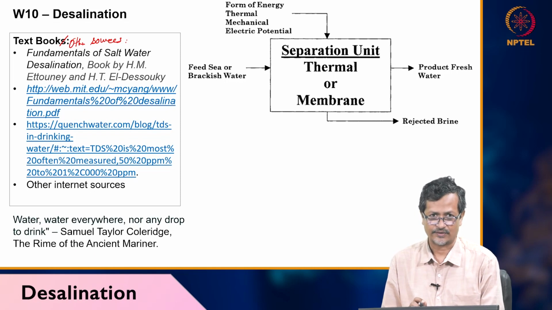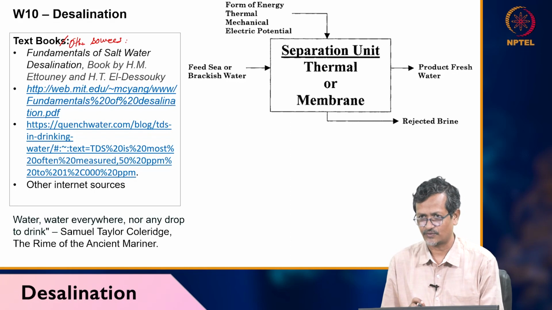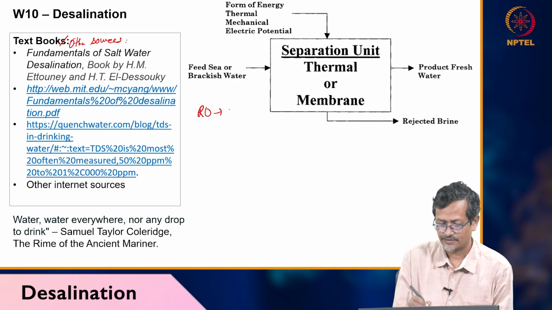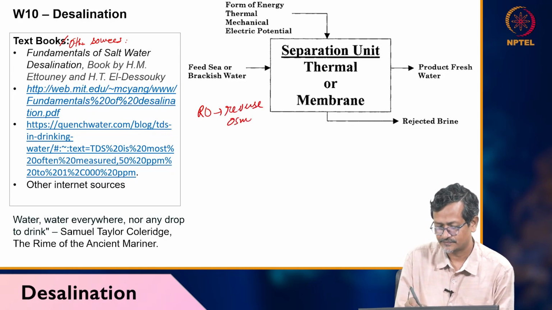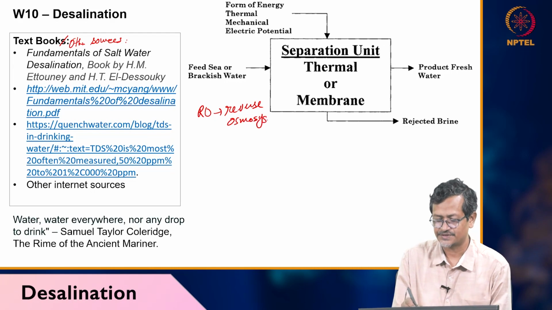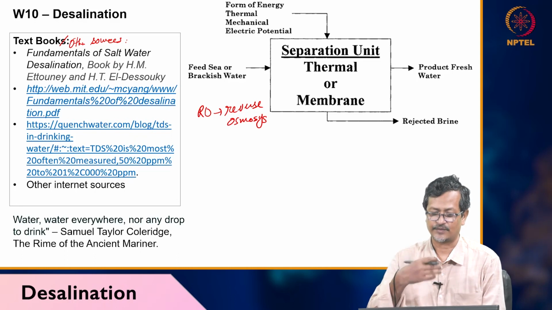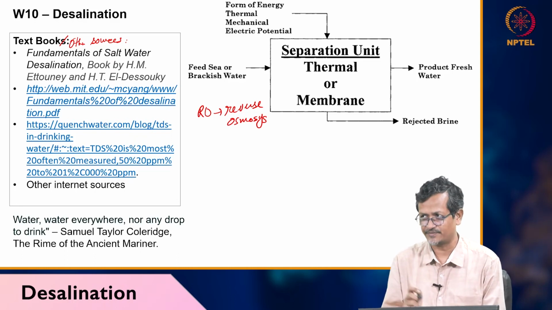AquaGuard and many other companies supply water purifiers with RO, reverse osmosis. But in some cases, like bigger units, thermal desalination is also possible: you create low temperature and low pressure, you create more vapor, and then you condense the vapor, so that way you get desalinated water.